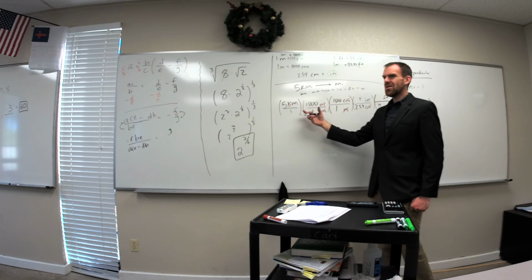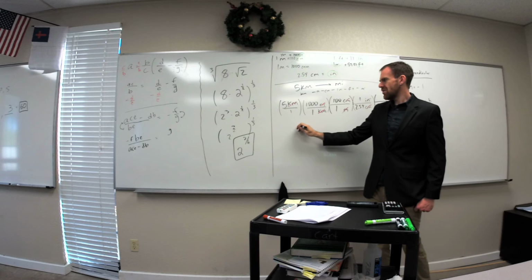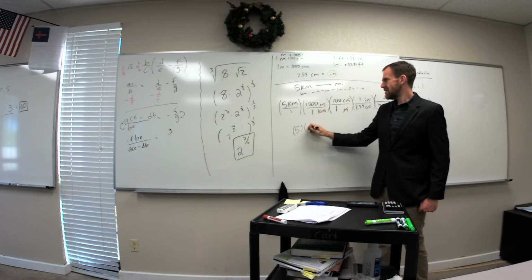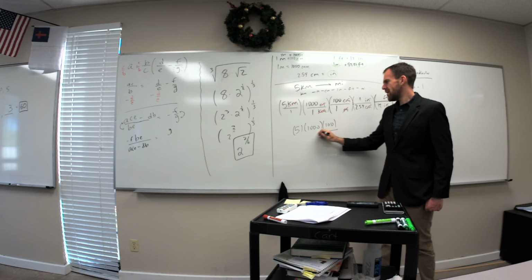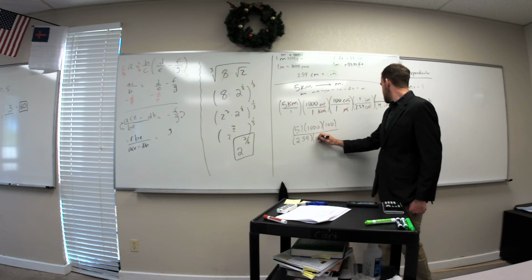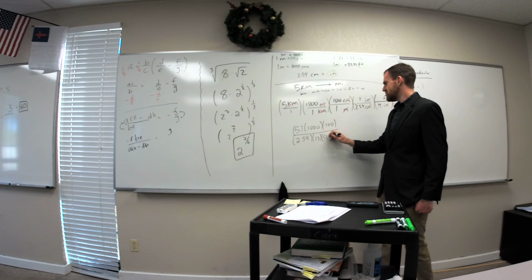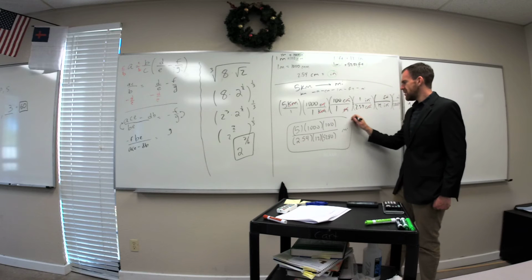Okay, so now collect all of the terms. You've canceled, so you're left with miles. So we're happy campers. 5 times 1,000 times 100 divided by 2.54 divided by 12 divided by 5,280 overall miles. Make sure you put the unit.